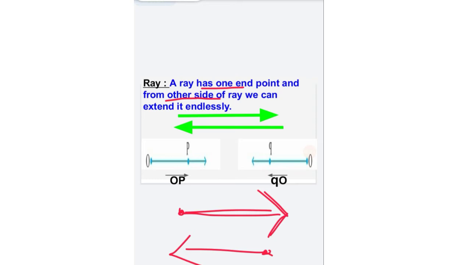Now how can we represent a ray? Let's focus on this ray.